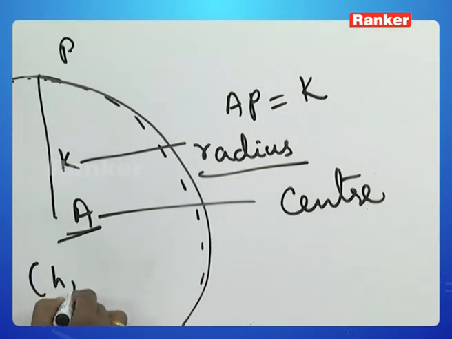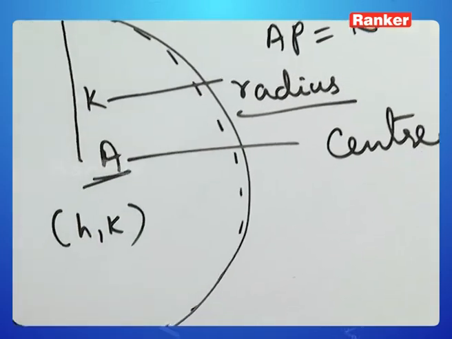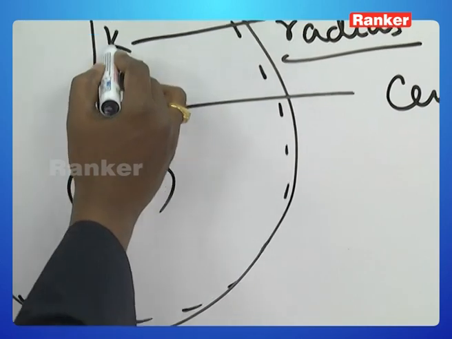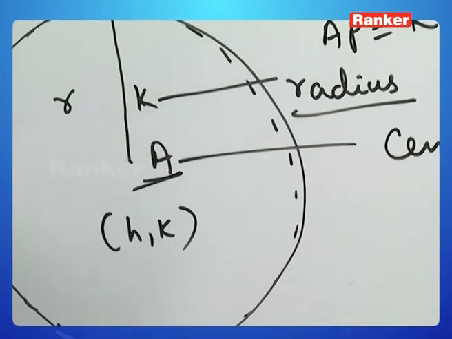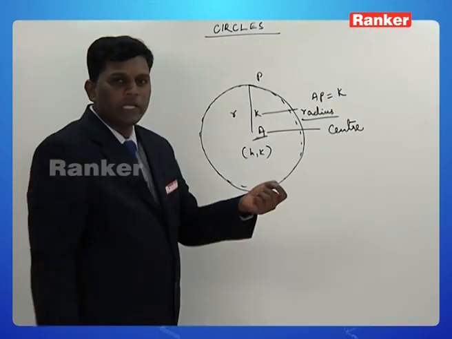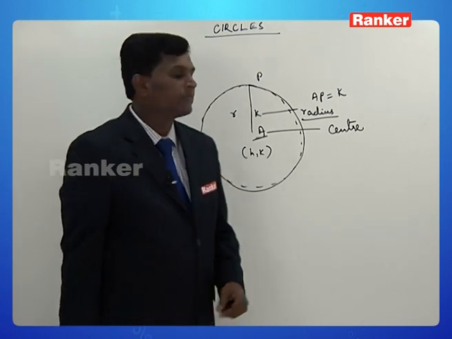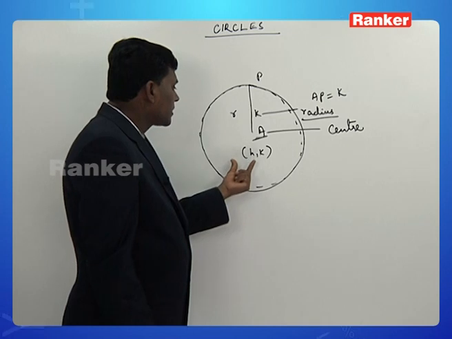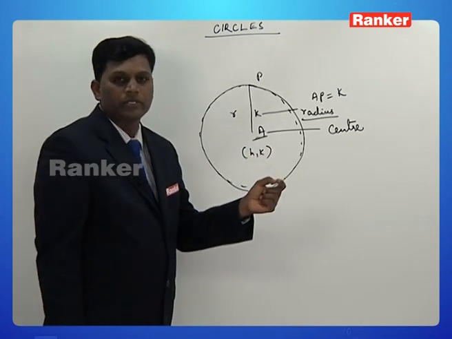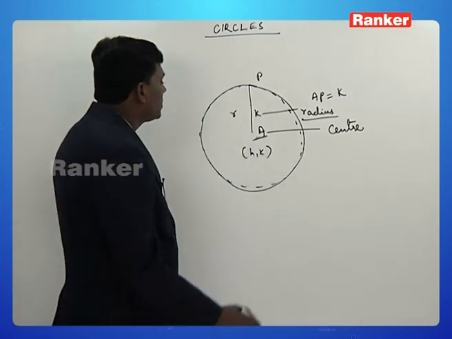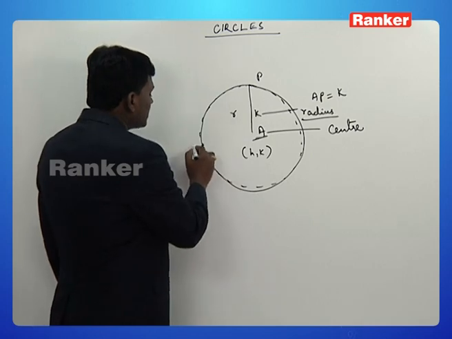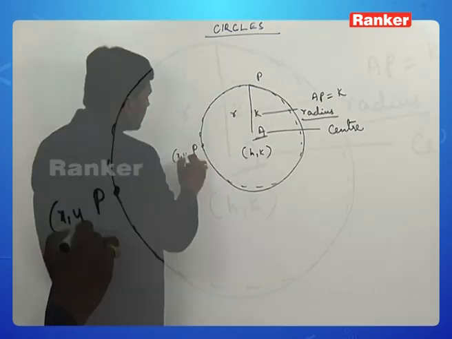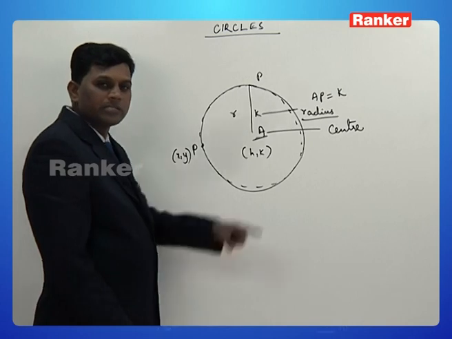If the center is taken as the point h comma k, and the radius taken as some r, some standard value r instead of k, with h comma k as center and r as radius, to find the circle equation, let us imagine a standard point x comma y somewhere on the circumference.